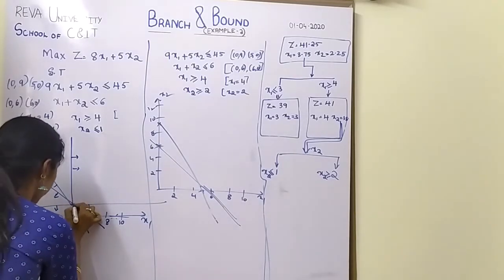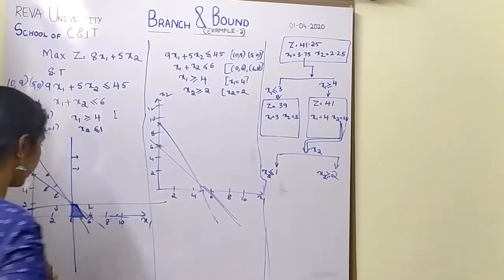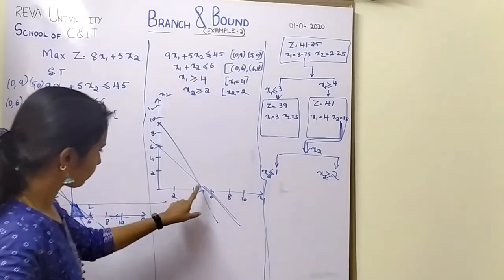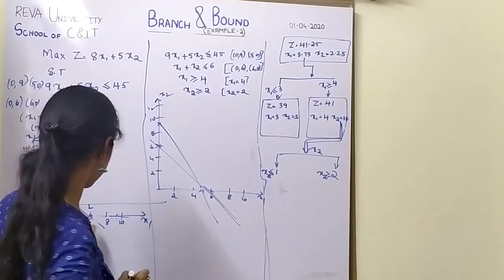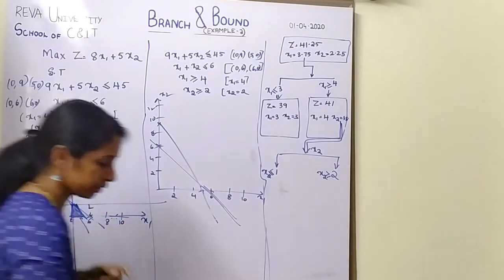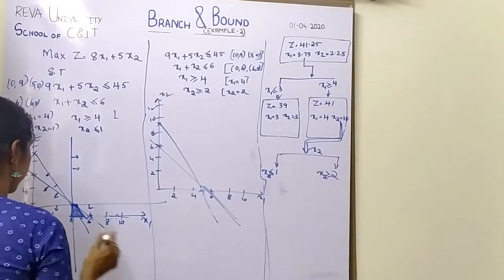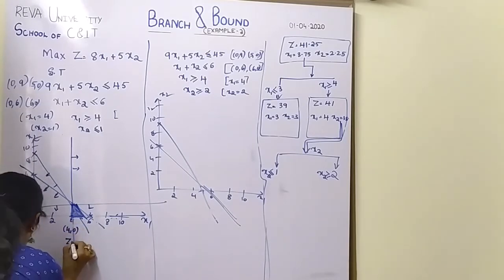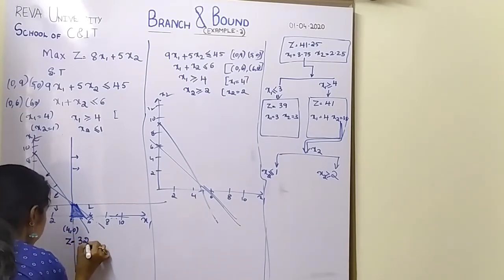So you have to find out the value for this. That's the reason if you draw neatly on the graph sheet, you will get the points properly. First we'll try to find out the values. This is 4, 0, z value will be equal to 32.